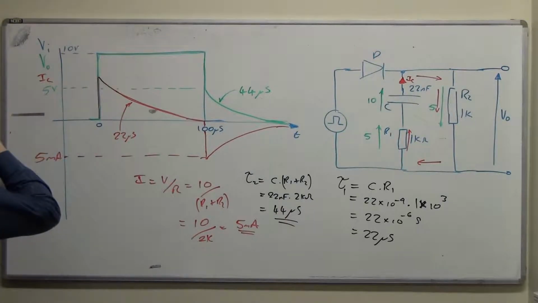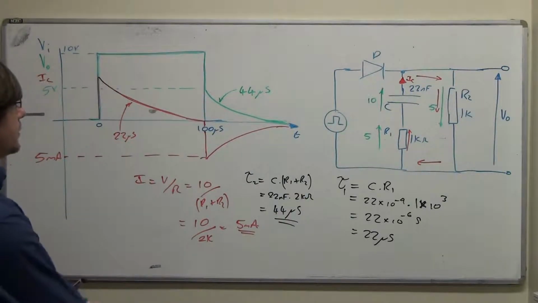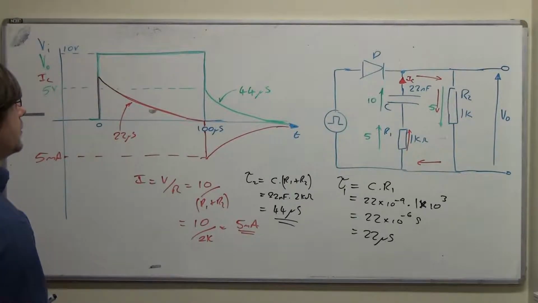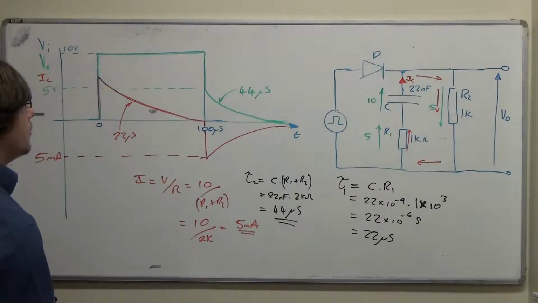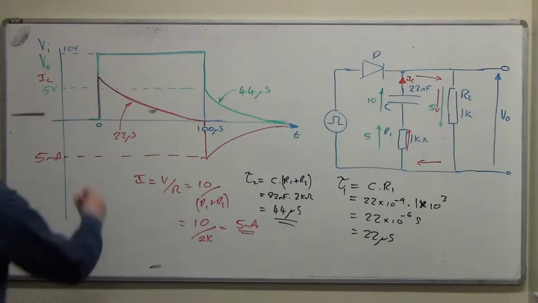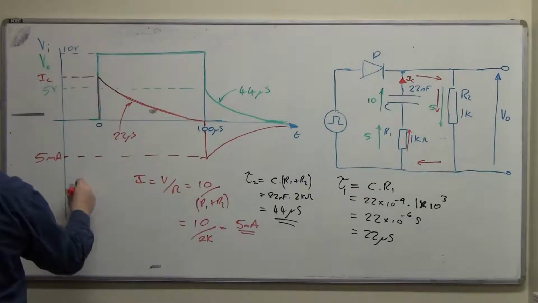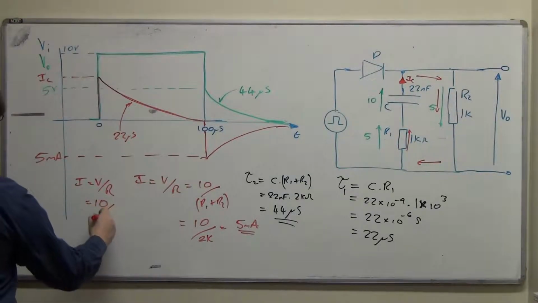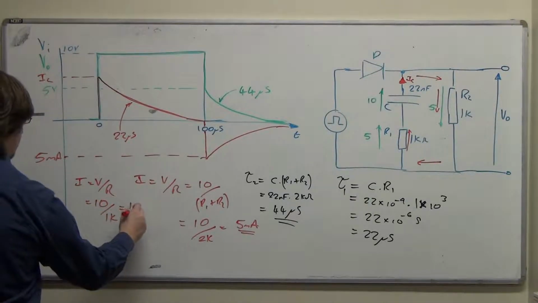Oh, we never did the peak current for that one as well either, did we? It will be, peak current in the capacitor is 10 volts divided by 1 kiloohm. So this is going to be, I is V upon R, so it's 10 divided by 1K, which is 10 milliamps.